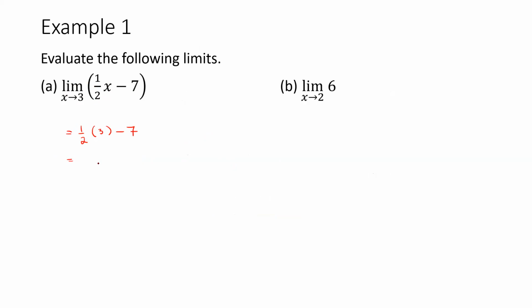What is that? Negative 11 over 2, I think. So that's it. You just have a line, and at x equals 3, you find the point on the line.